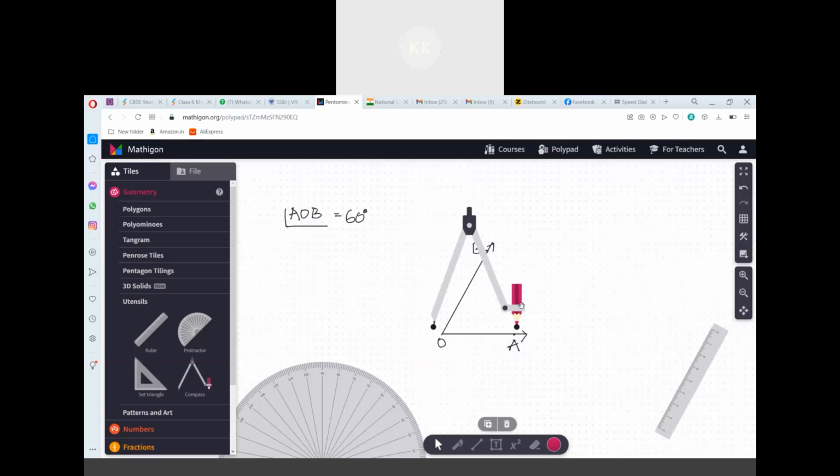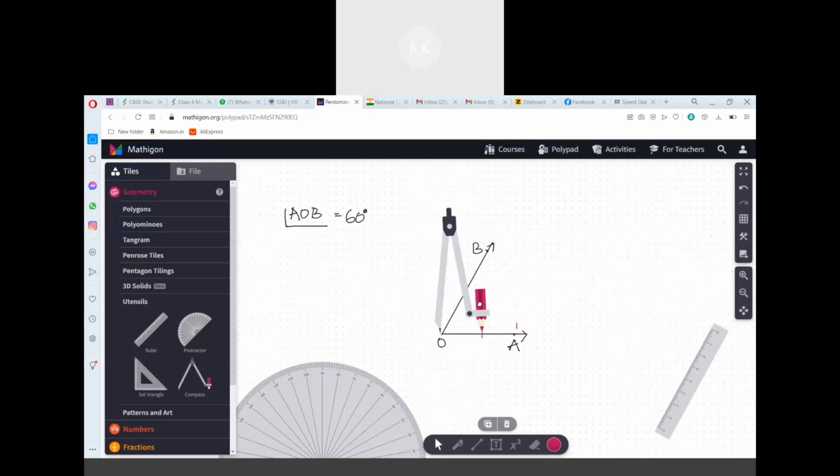Sir, put the mouse on the point of the pencil. Sir, click on the compass once again. Now I have changed it.